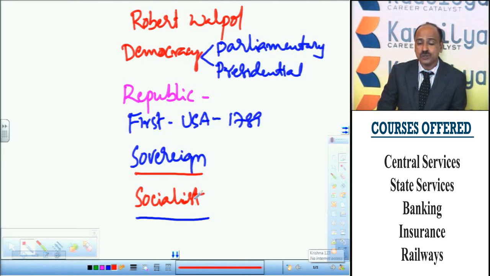India is trying for the socialist concept: distribution of wealth, land reforms, income tax paying, all these are distribution of wealth. But India is a partially socialist country, not fully socialist, because maximum wealth is under the control of some people. India is trying to become a socialist nation. Next, secular.